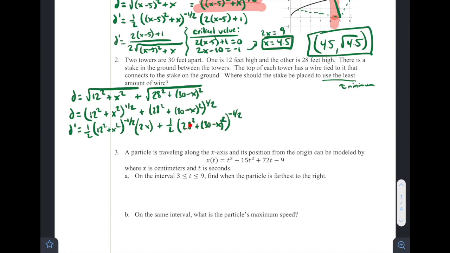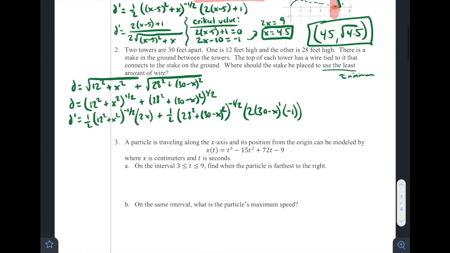The derivative of 28 squared, since that's a constant, is 0. And then the derivative of 30 minus x squared is going to be 2 times 30 minus x to the 1 times negative 1, since the derivative of negative x is negative 1.